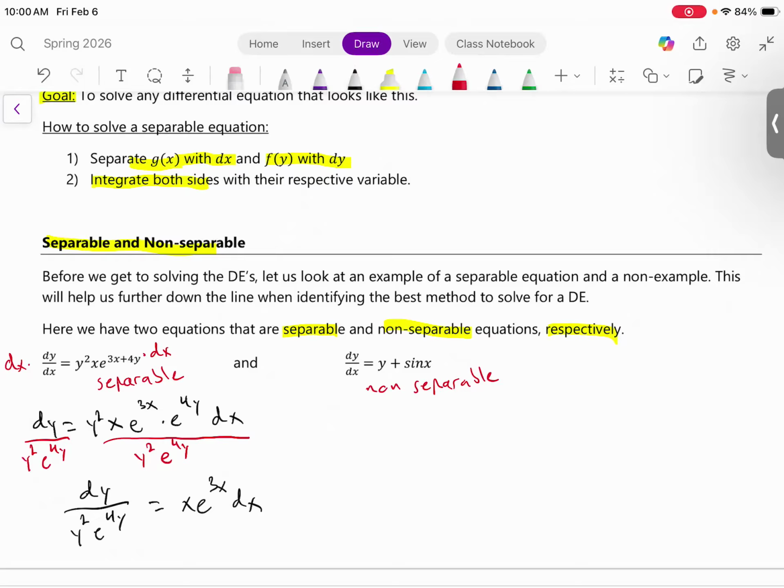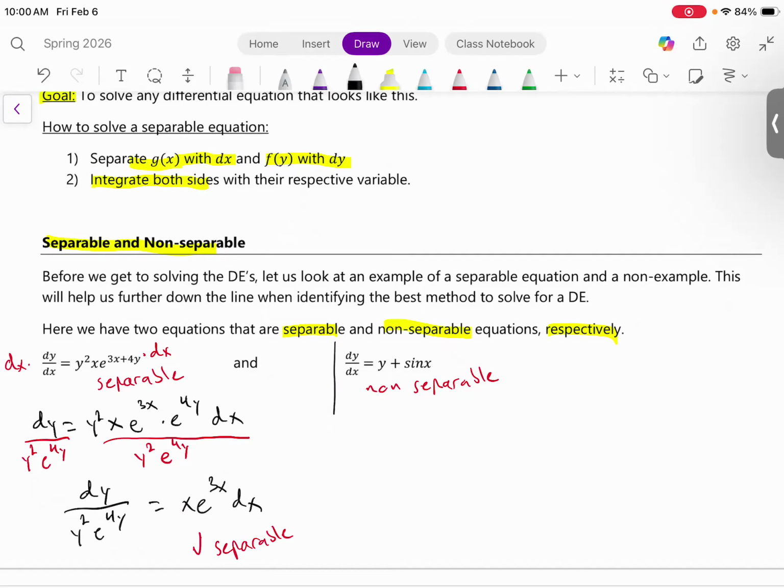That's why it's separable. I moved all my y terms to the left side with my dy, and I moved all my x terms to the right side with my dx. So it is separable.